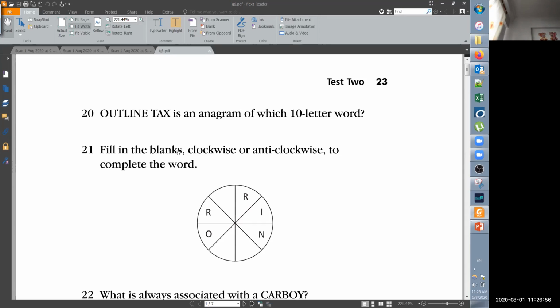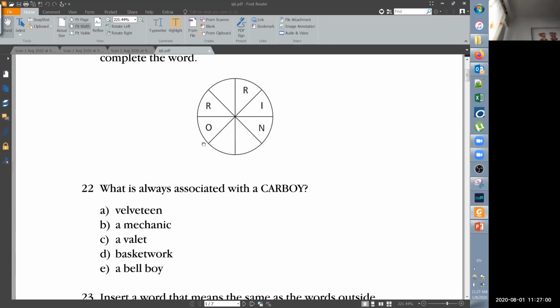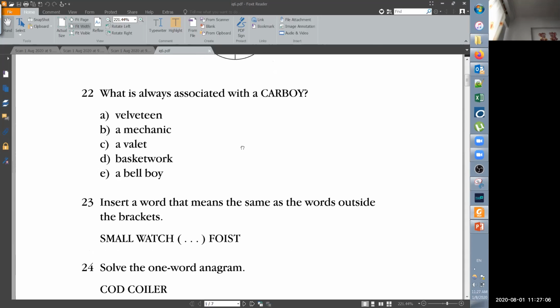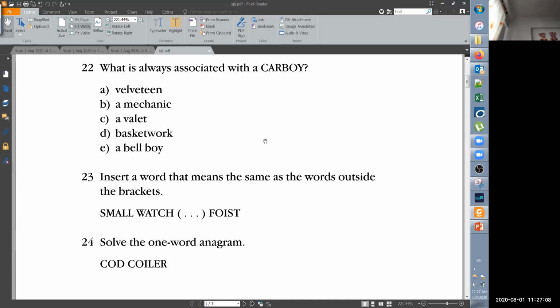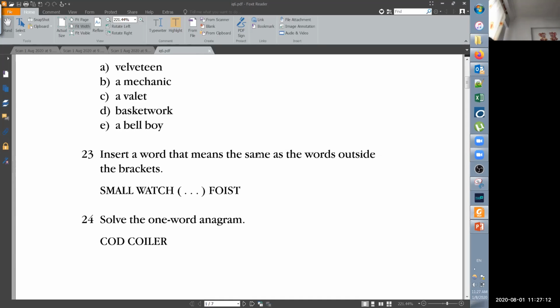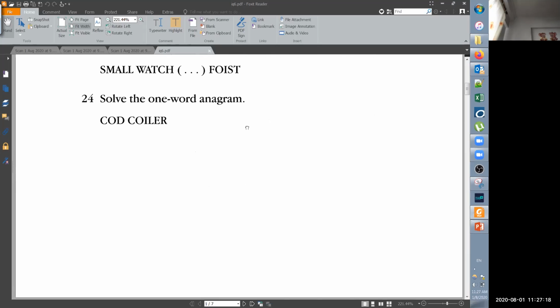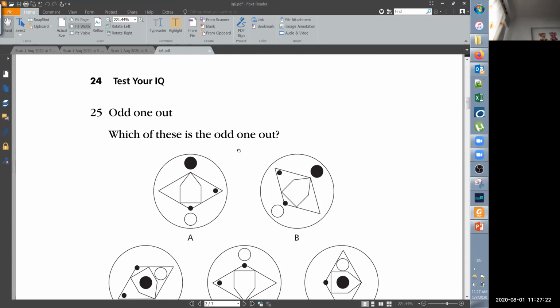Fill in the blank, clockwise or anti-clockwise, to complete the word. We also don't do it because English. What is always associated with a cowboy? Don't do it. Insert a word that means the same as the word outside. All English, so ignore. Next. 25. Finally.